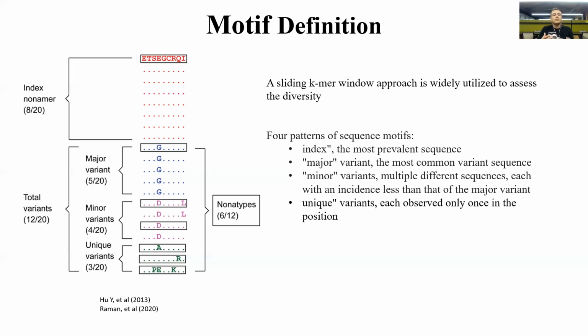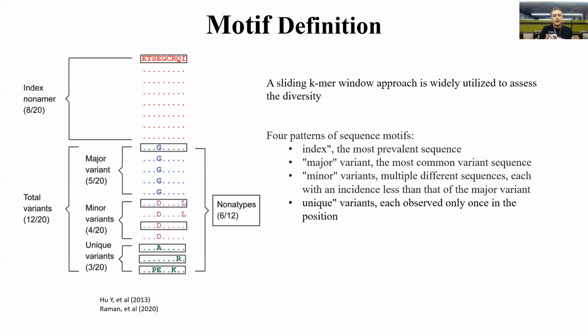Index is the most prevalent sequence and identified by having the highest incidence. The remaining sequences with at least one amino acid difference from the index are defined as variants and organized into three motifs. First one, the major variant, which is the most common variant sequence, and the next one, minor variants, which are multiple different sequences and each present in 2 or more of the aligned viral sequences, and each with an incidence less than major variant.